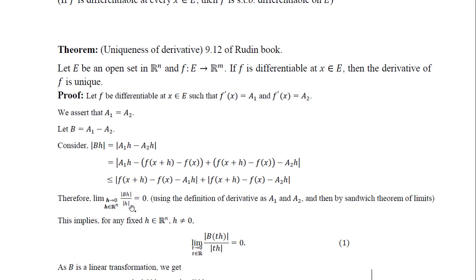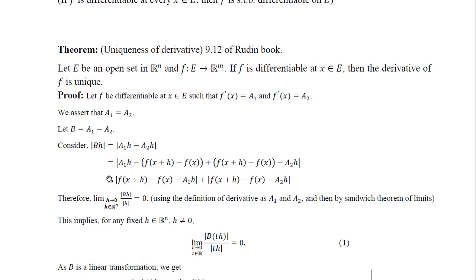It is non-negative already, and since it is non-zero also, the norm of h is positive. So when we divide both sides of this inequality by norm h, the less than or equal to sign will not change, because we are dividing by a strictly positive number, and therefore the inequality remains the same and we can put the limit.